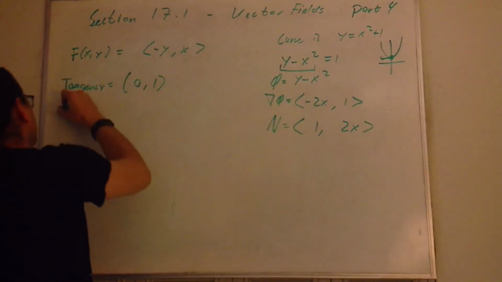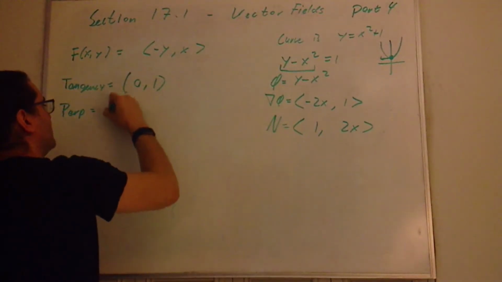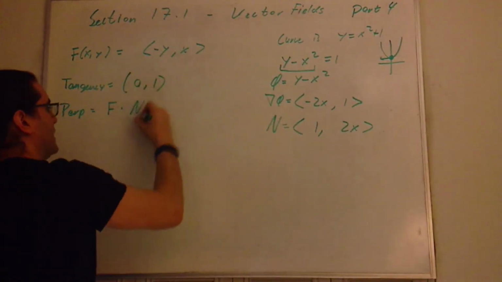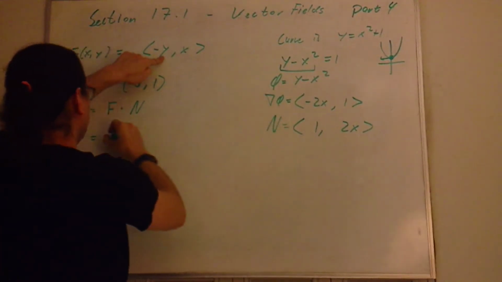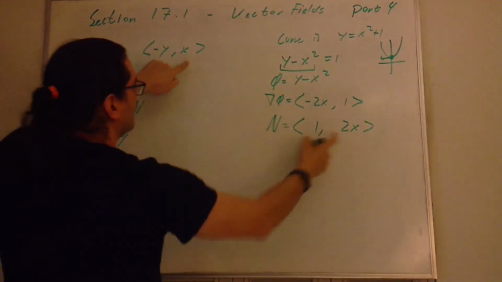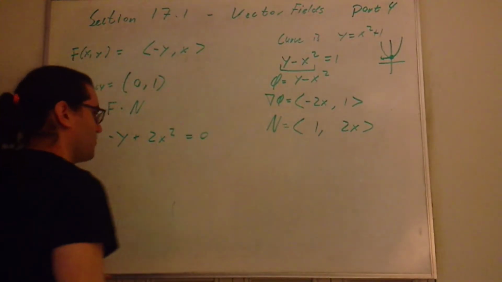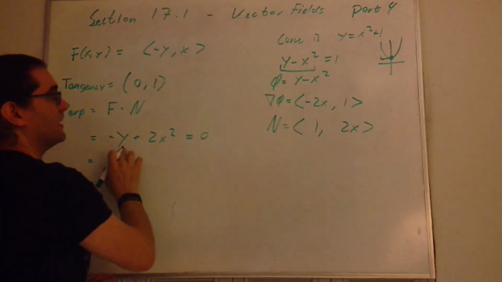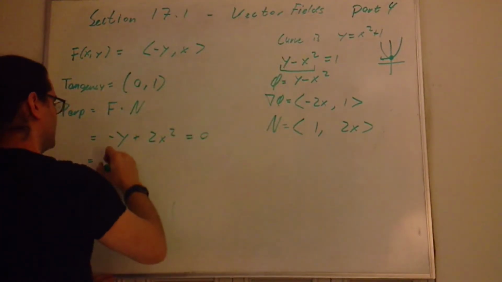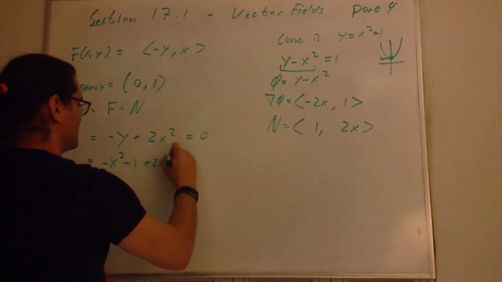And for perpendicular, I'm going to take f dot n to get negative y plus 2x squared. I want that to be 0. Again, I'm going to substitute y using that stuff. So negative x squared minus 1 plus 2x squared equals 0.